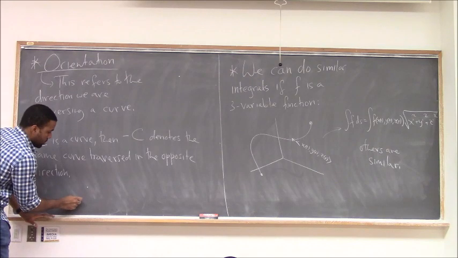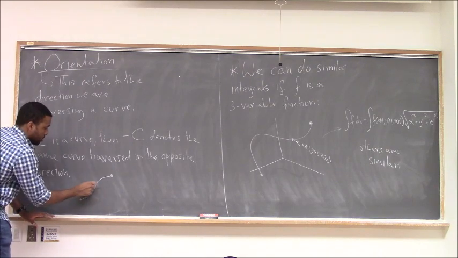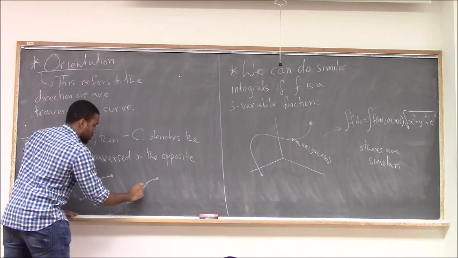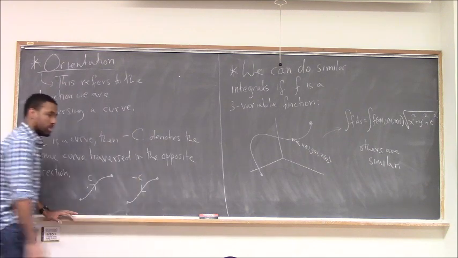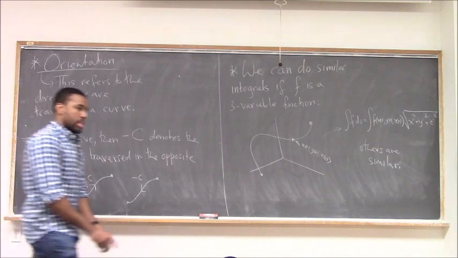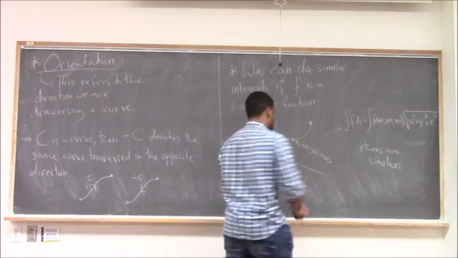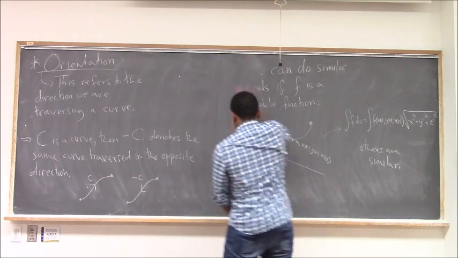So if you're visualizing moving from there to there, that's C. If you have exactly the same curve and you're going from there to there, we call this curve minus C. And that's notational, but when you're computing the integrals, it literally turns out that you put a minus sign on it.